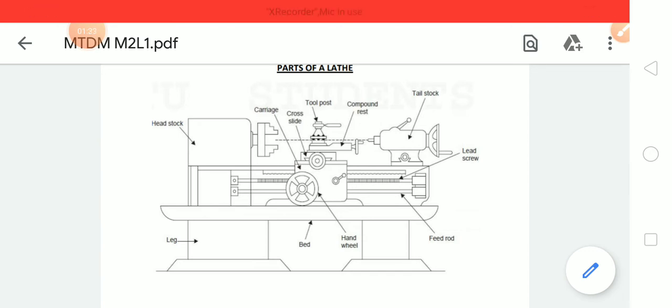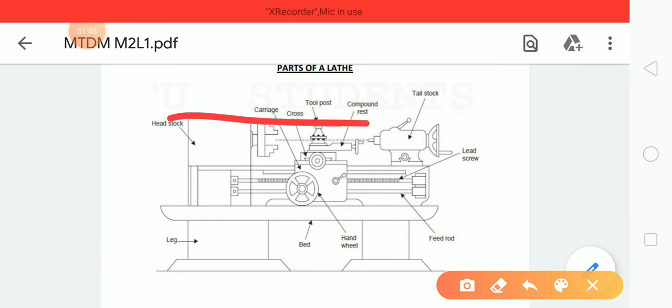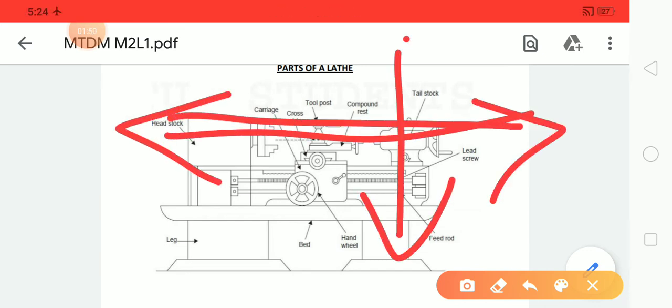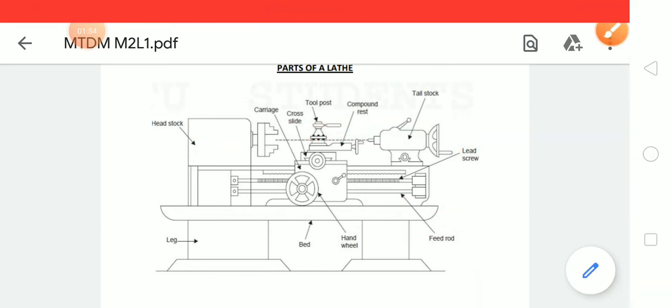Guideways are used to make the movement of the tailstock in such a way that it will not have any cross movement. It can be moved in this direction or this direction, with no perpendicular movement. That is the purpose of the guideways, and we will study the tailstock in detail in another lecture.